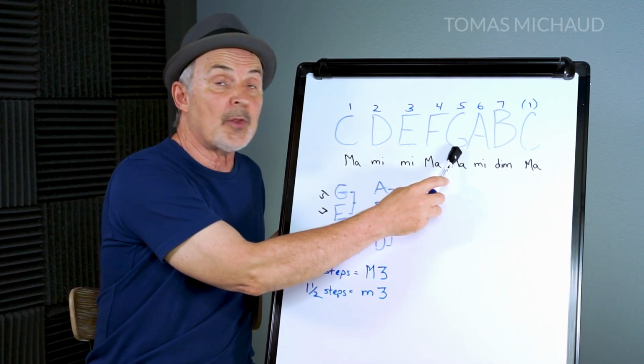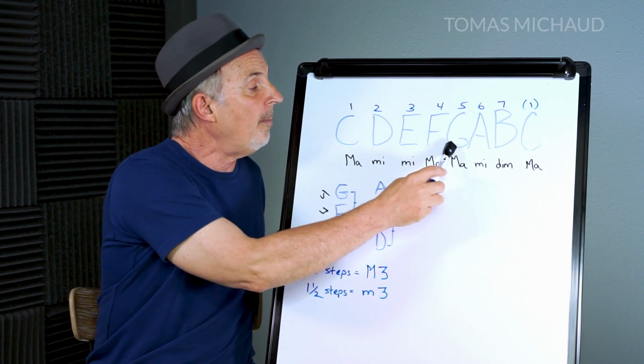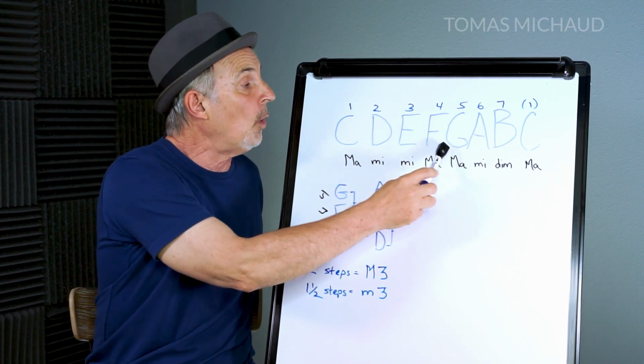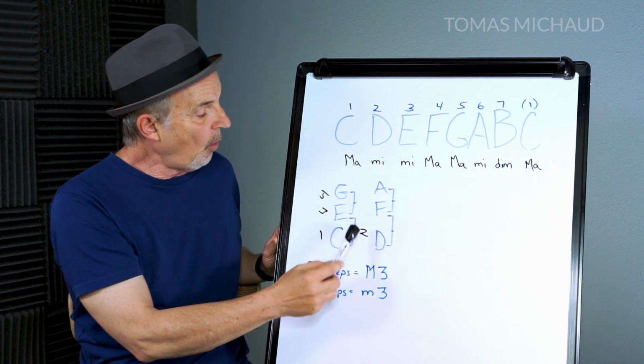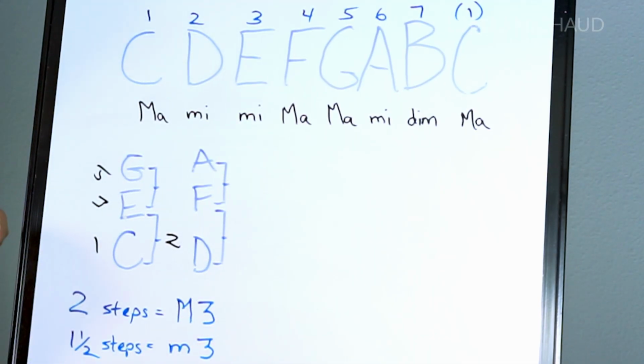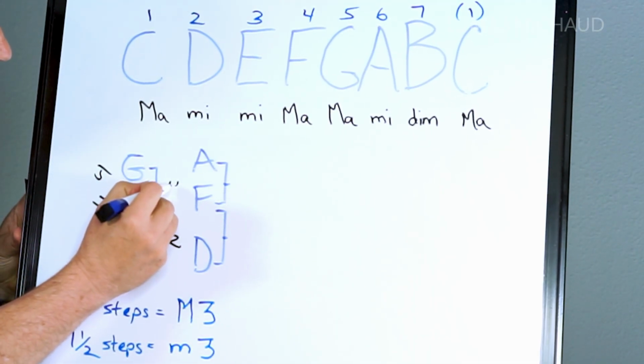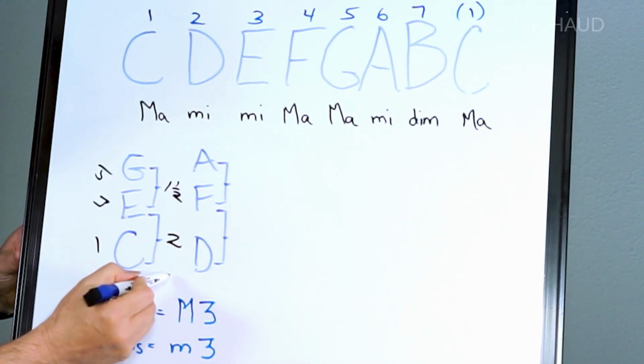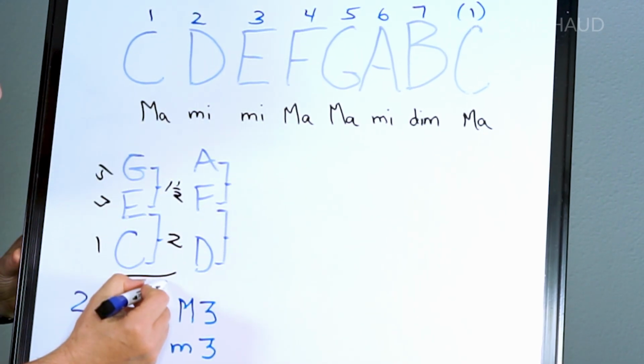From F to G is another whole step. From E to G will be 1.5 steps, a half and a whole added together. So I can write here from E to G, 1.5. Now, if you look at this all together, we can add them up. That's 3.5 steps.